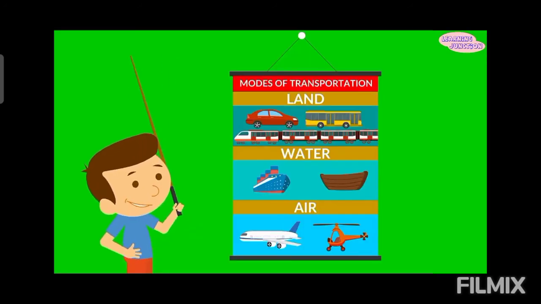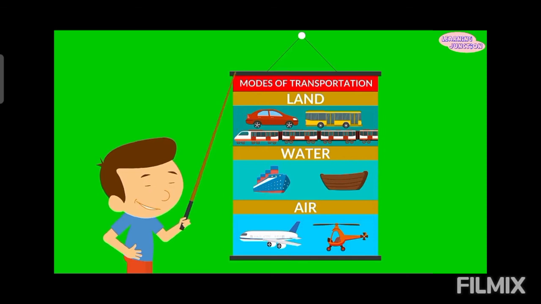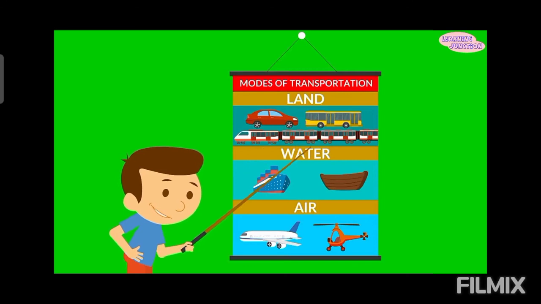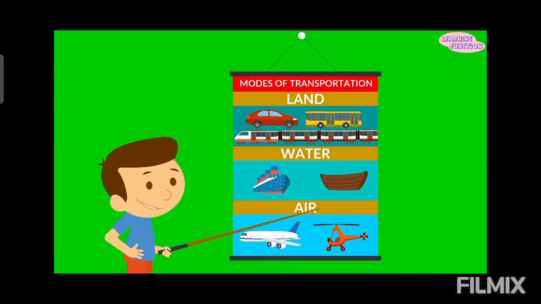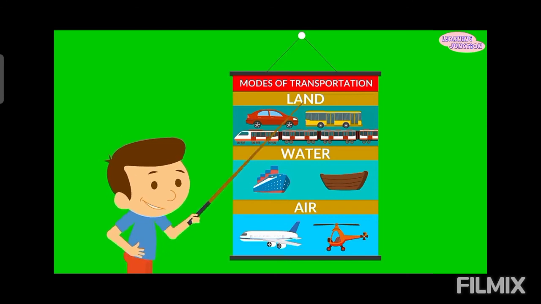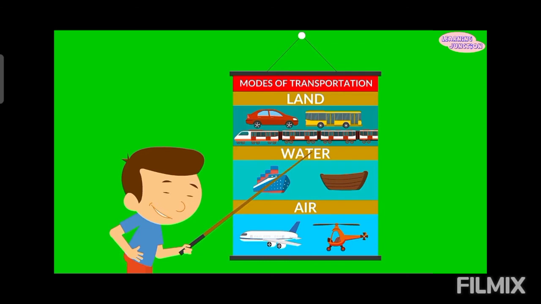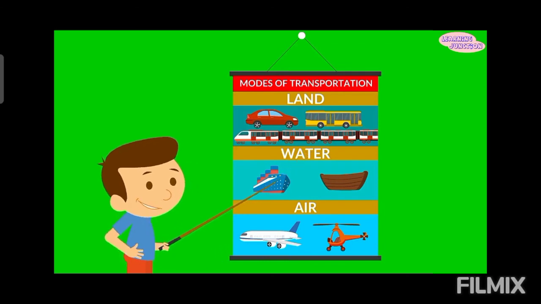So now there are three modes of transportation: land transportation, water transportation, and air transportation. You have seen the vehicles in land transportation such as car, bus, train, etc. In water, ship, boat, etc. In air, aeroplane, helicopters, etc. So these are the various vehicles used for different modes of transportation.